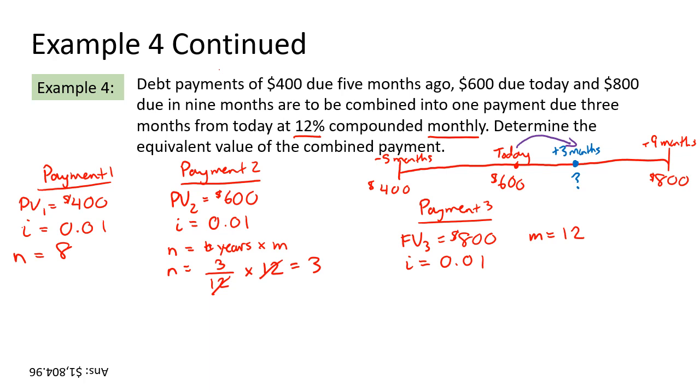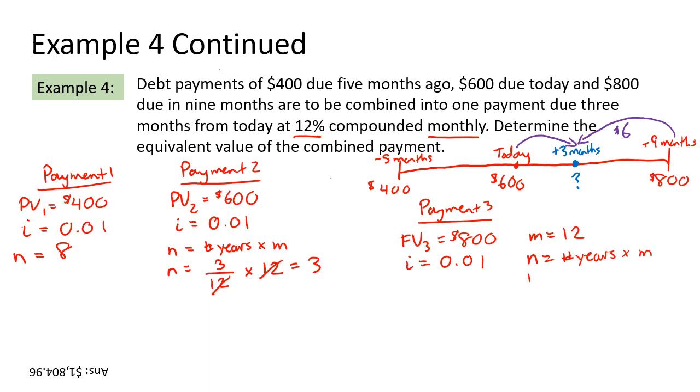But the total number of compounding periods, n, does change. And that's equal to our number of years multiplied by our number of compounding periods per year. So in this case, we're going from 9 months ahead of today to 3 months ahead of today. So that means our total amount of time we're moving back to the present is 6 months, right? This is moving 6 months into the past.